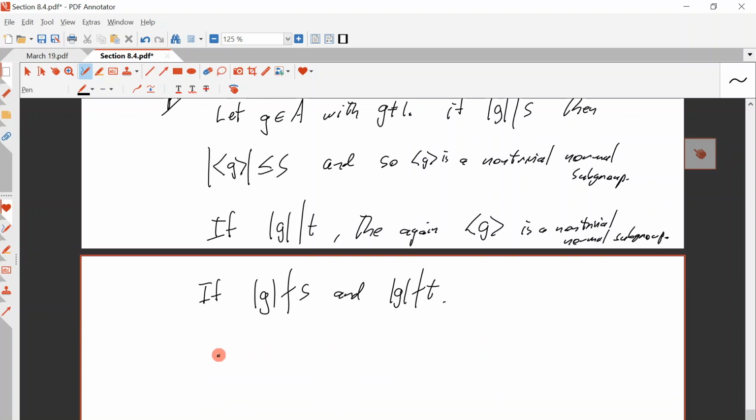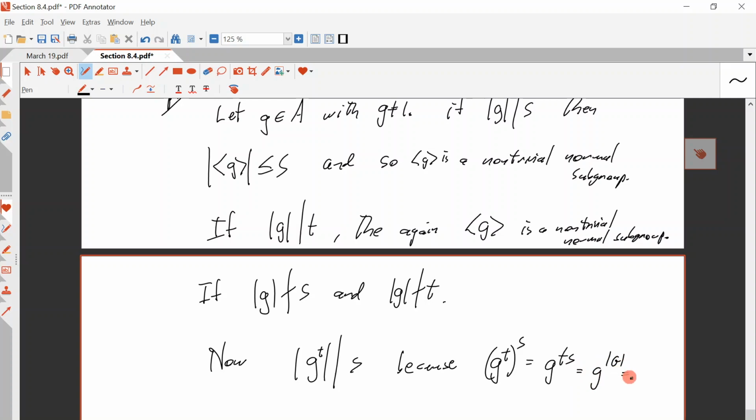Now g to the t, the order of g to the t must divide s, because g to the t to the s is equal to g to the ts, which is equal to g to the order of g itself, which is 1.